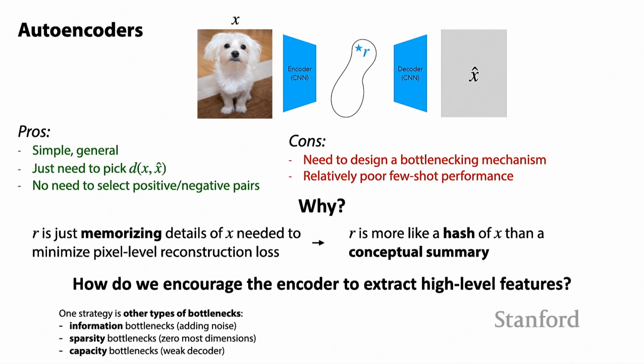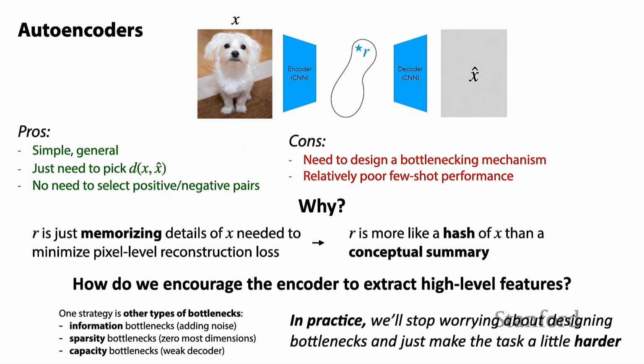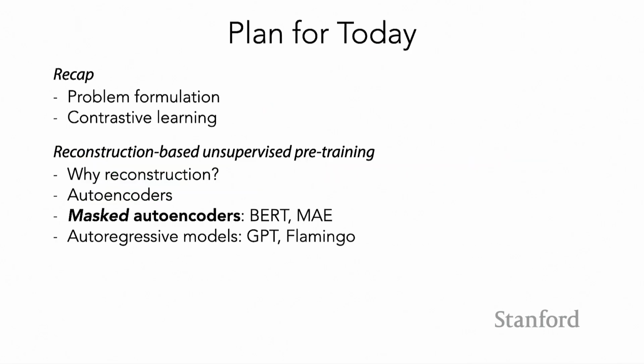But the strategy that actually is most common in practice is to worry less about designing a bottleneck and just make the task a little bit more difficult to force the encoder to learn something a little less trivial. And that's going to take us to our next section on masked autoencoders, which is a class of models that encompasses a lot of the large pre-trained models that we use in practice these days.